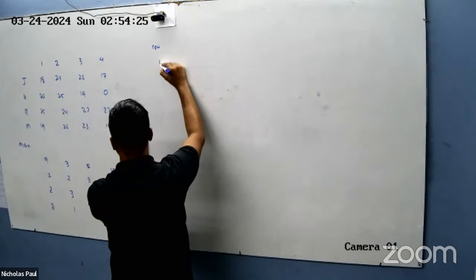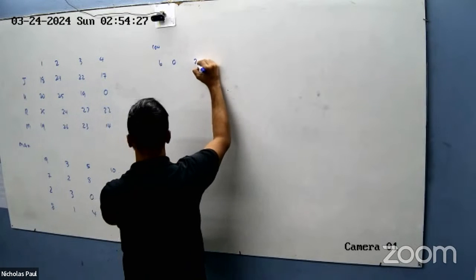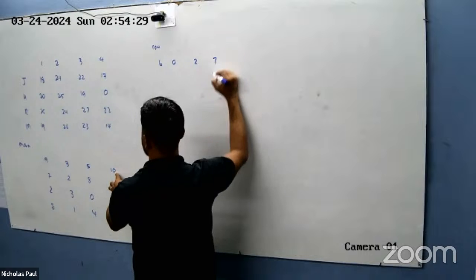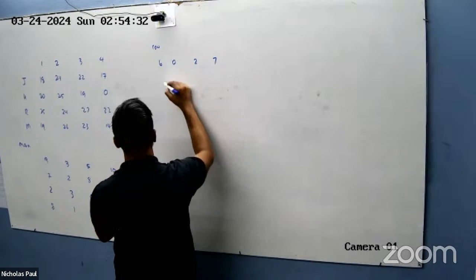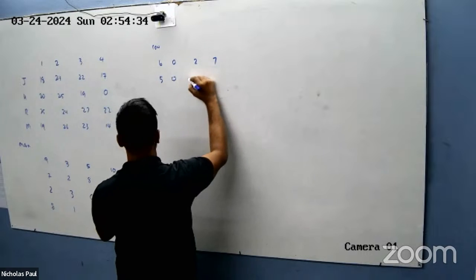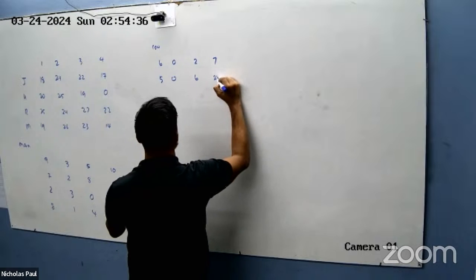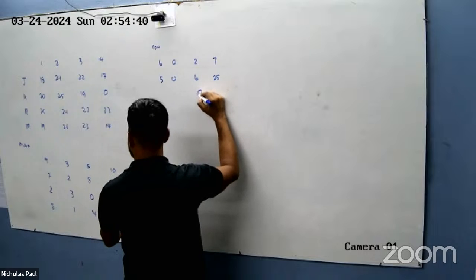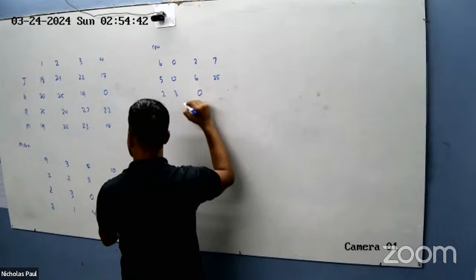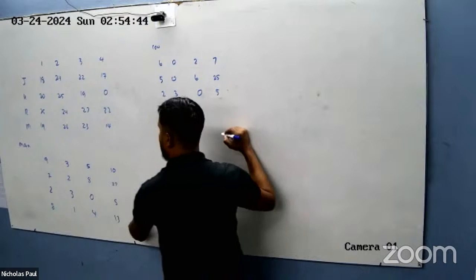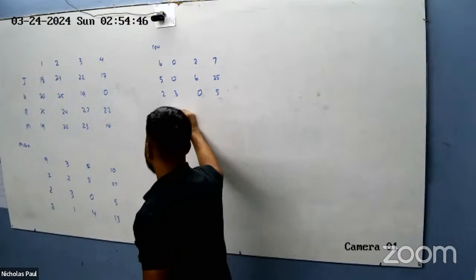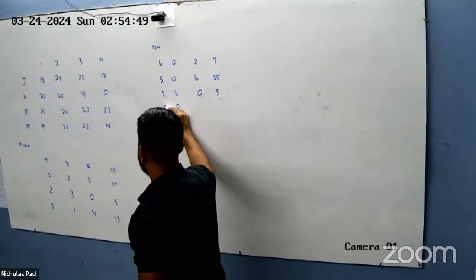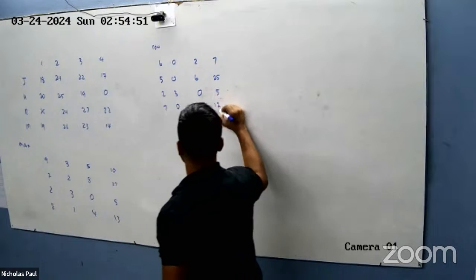So that'll be 6, 0, 2, 7. Row minimum here, 5, 0, 6, 25. Row minimum here, nothing will change. Row minimum here. Row minimum here, 7, 3, 12.